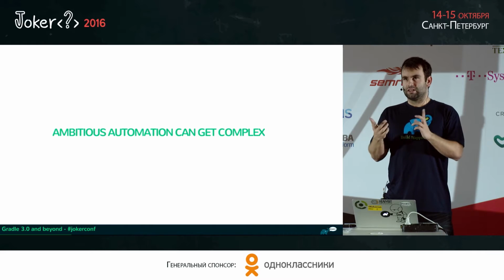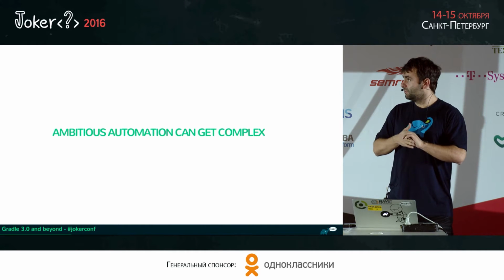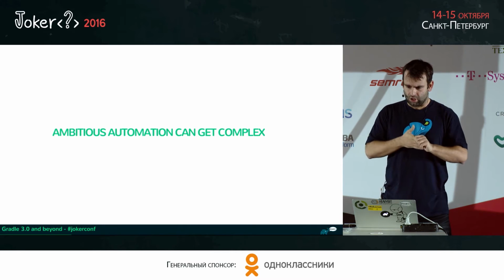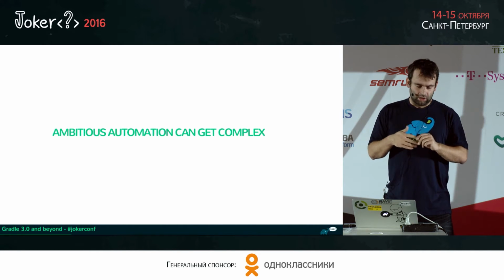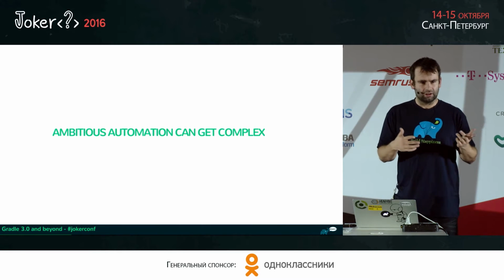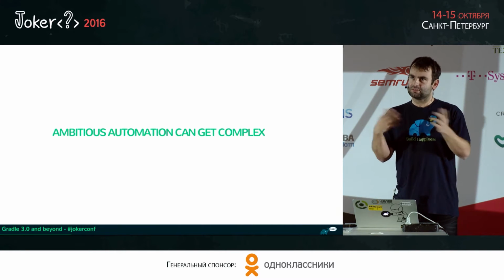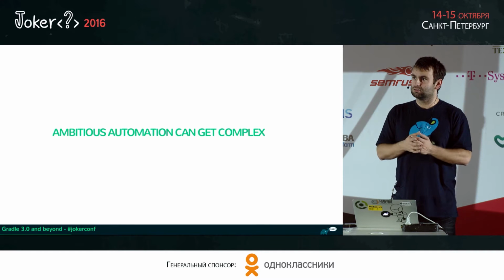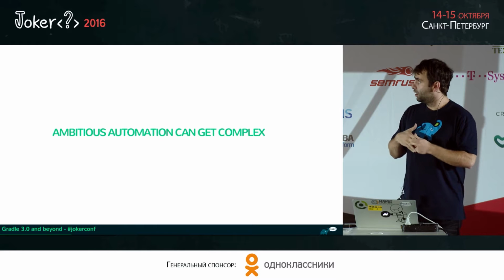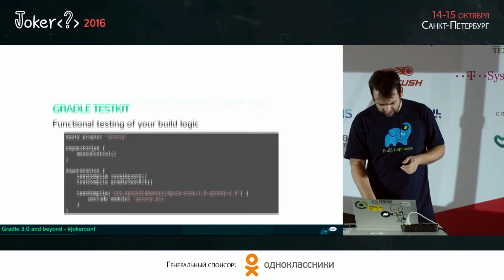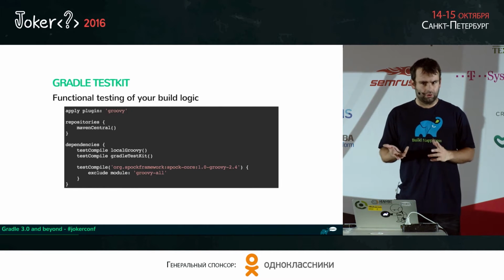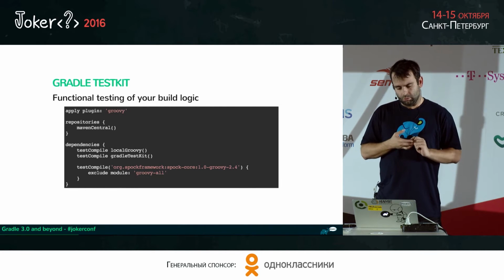There are plenty of plugins written by the Netflix guys called Nebula, and there was a Nebula test plugin. At one point, they were tired of maintaining it, so they asked us to make it public. So they sponsored what we call Testkit.